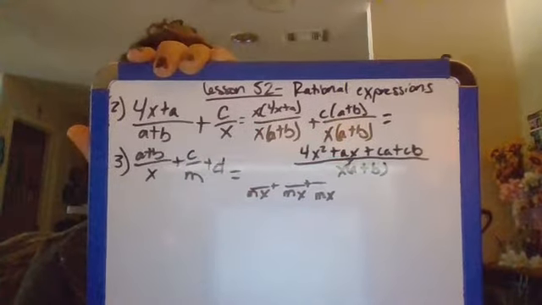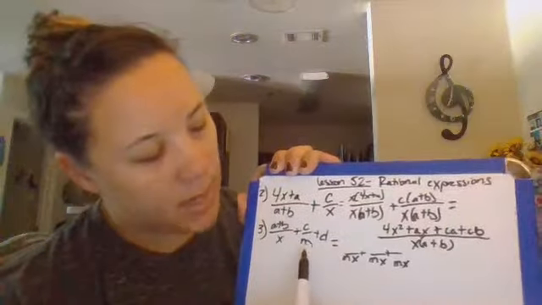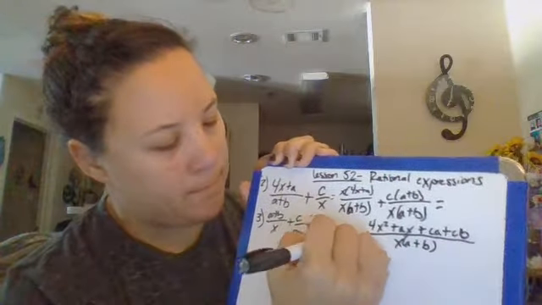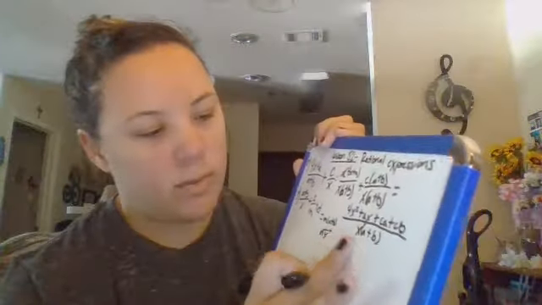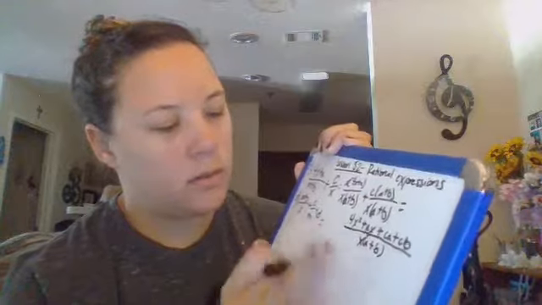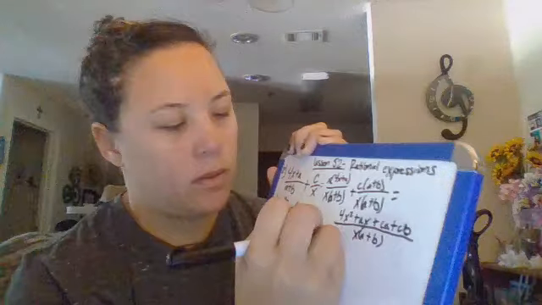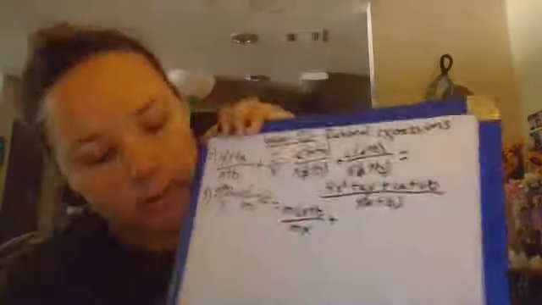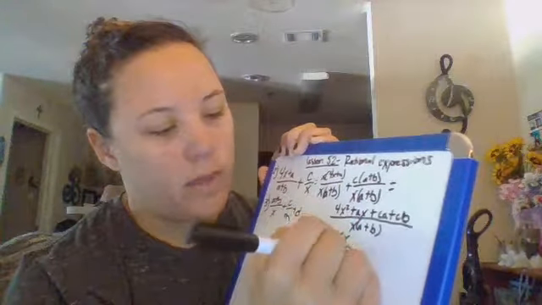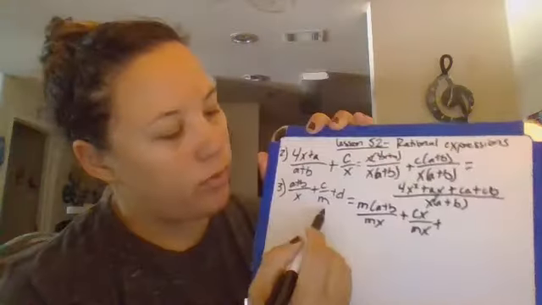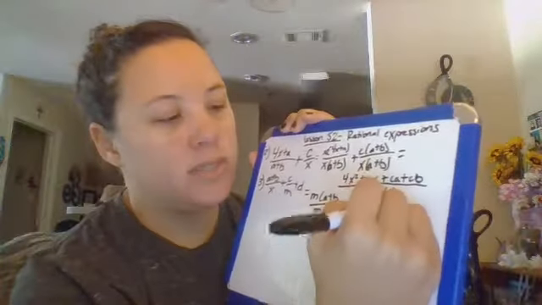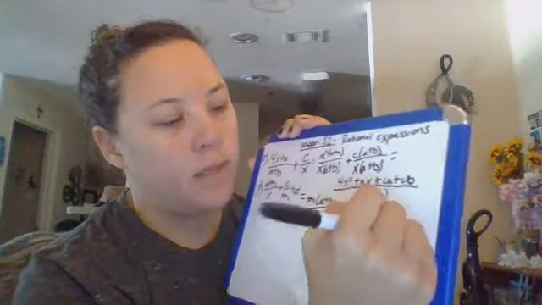So then the first term gets this denominator. So it's going to be m times a plus b over mx. Spread them out a little bit so you can see. The second term will get the first denominator, so it's going to be cx over mx. And the third term will get both the previous terms' denominators. So it's dmx over mx.